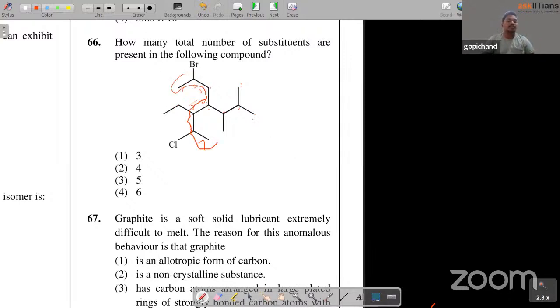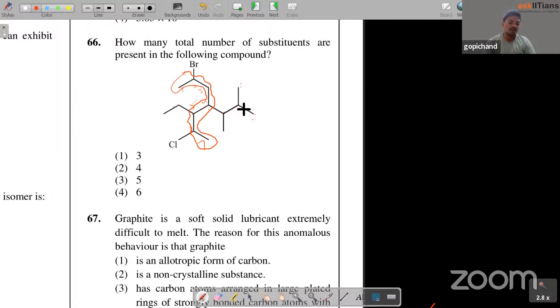They are asking how many substituents are possible in this case. So if we consider this as the main chain, bromine and chlorine are under the main chain and alkyl groups are acting as substituents. So if you're numbering this one, two, three, total 4 substituents are coming.